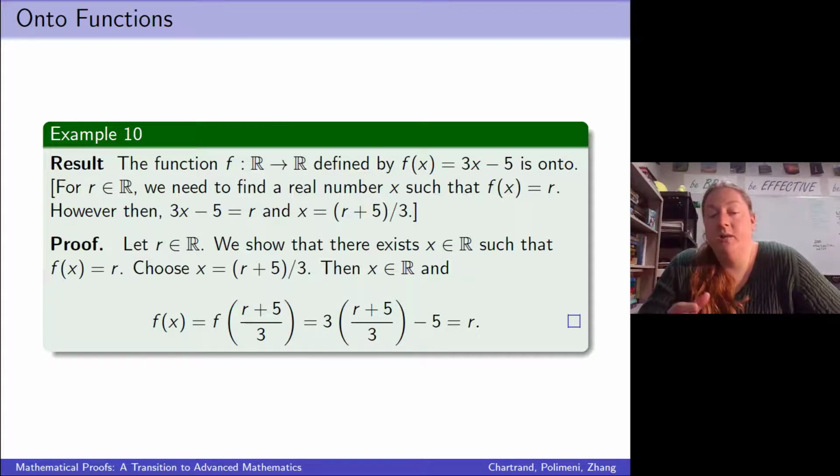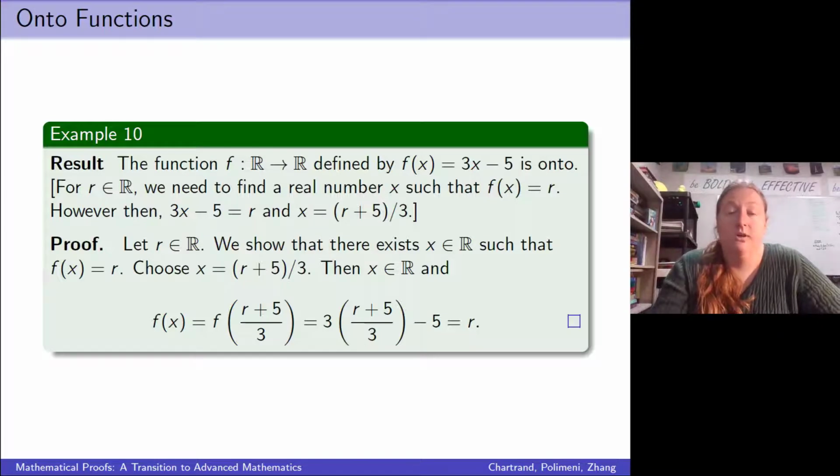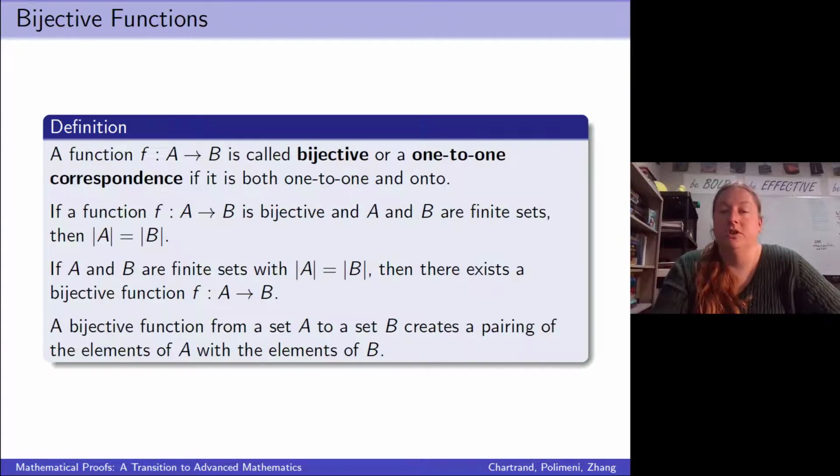Then x is a real number and f of x equals f of (r plus 5) divided by 3. Well, 3 times the quantity (r plus 5) divided by 3, minus 5, results in just r. So I have f of x equals r for that specific real number. And consequently, my function is onto or surjective.